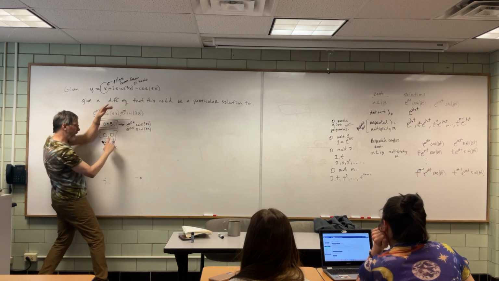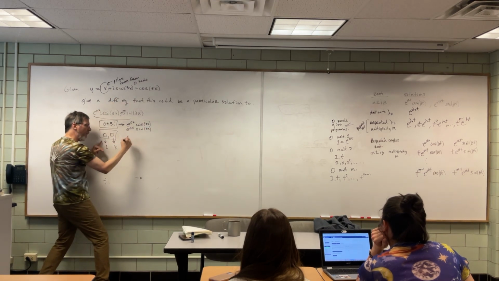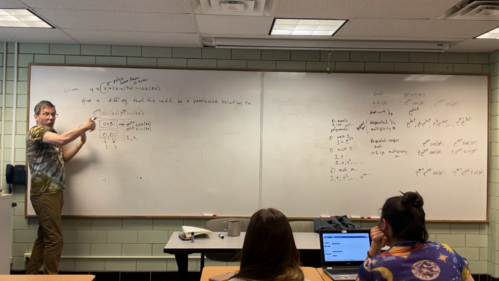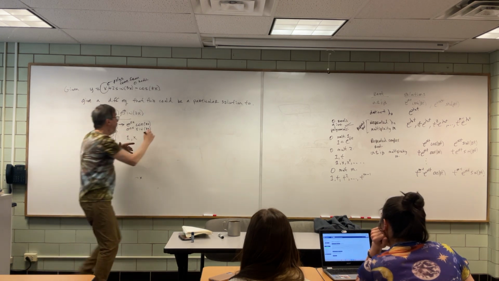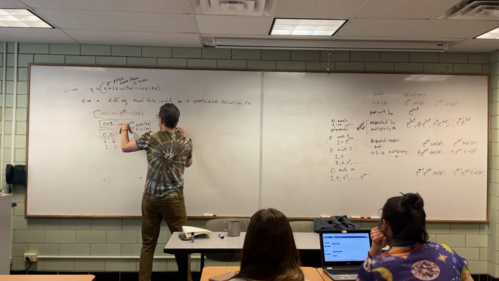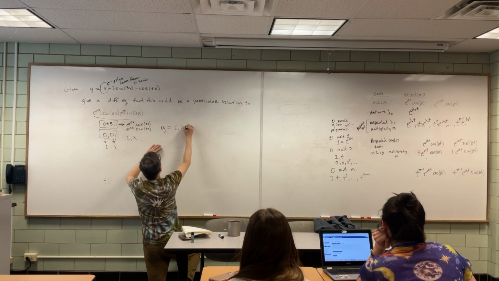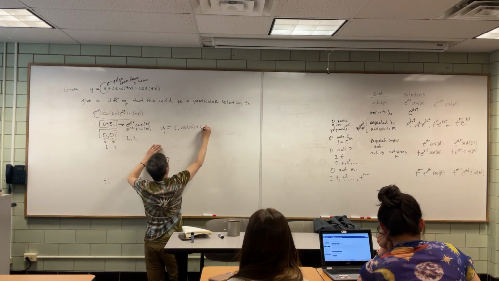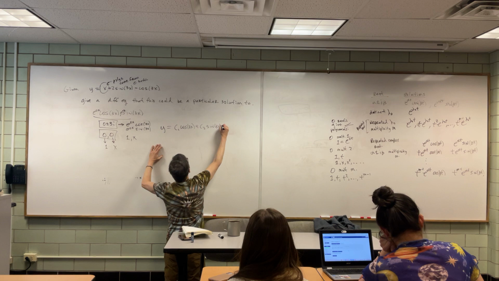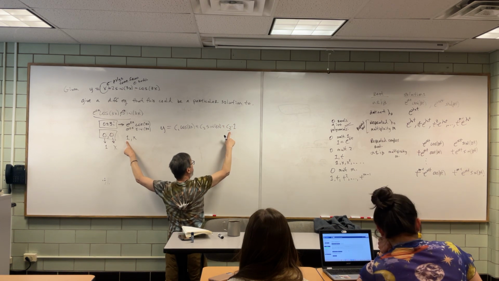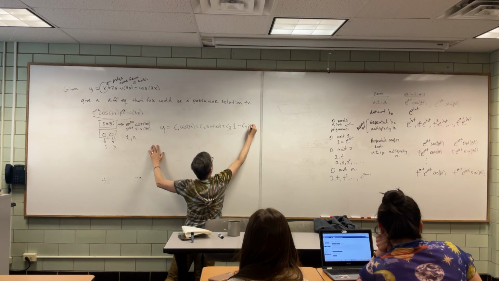The first 0 would give me a 1, the second 0 would give me an x. Then I string those together with constants. So y equals c1 cosine of 3x, plus c2 sine of 3x, plus c3 times 1, that's just a constant, plus c4 times x.